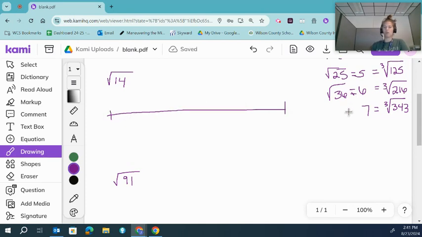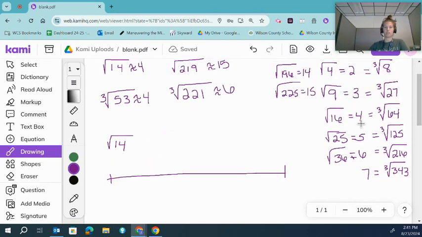The square root of 14, we said, falls between 3 and 4 on our number line. So we're going to have the number 3 and the number 4, which is the square root of 9 and the square root of 16. And for this first one, I'm going to list out all of my square roots that are between the square root of 9 and 16.